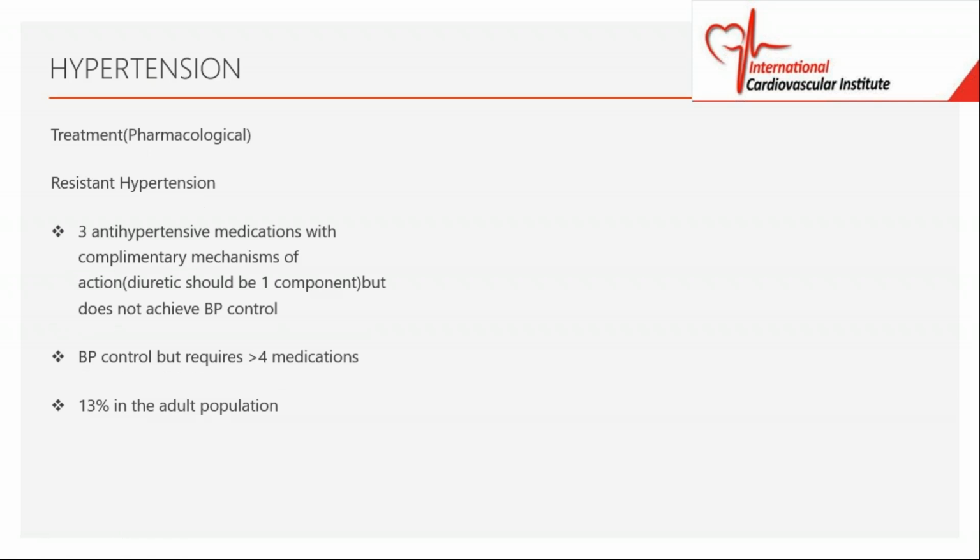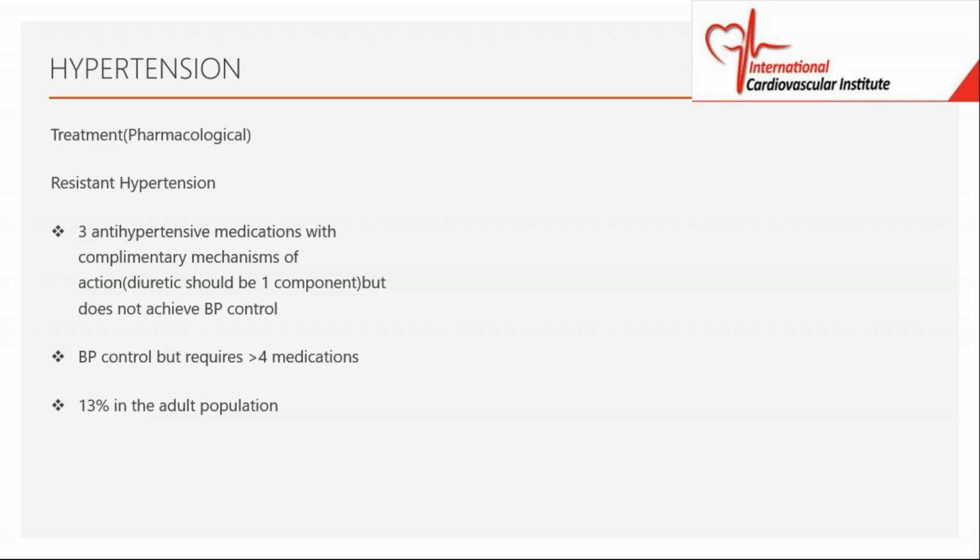A lot of our patients have resistant hypertension. What is the definition of resistant hypertension? If three antihypertensive medications with complementary mechanisms of action do not control the blood pressure, so the patient may be on a diuretic plus two other medicines and the blood pressure is still uncontrolled, those individuals have resistant hypertension.